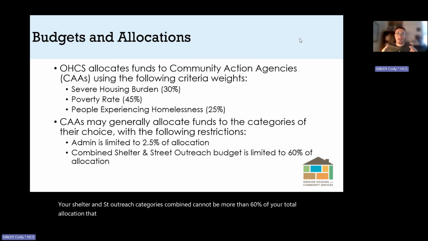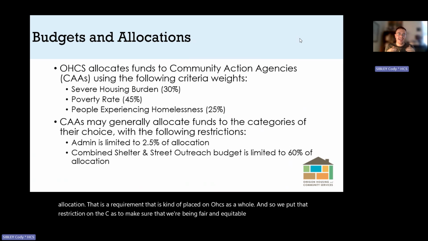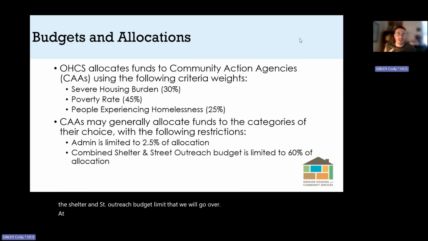That is a requirement that is kind of placed on OHCS as a whole. And so we put that restriction on the CAAs to make sure that we're being fair and equitable. There are exceptions to the shelter and street outreach budget limit that we will go over at a later point in this presentation.